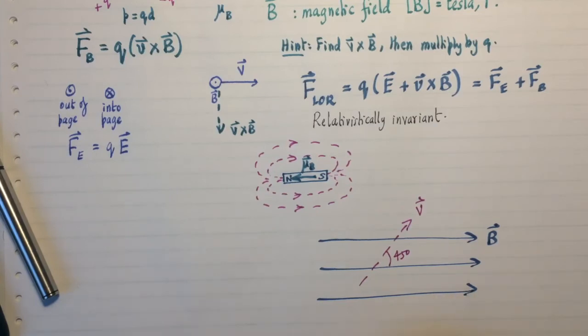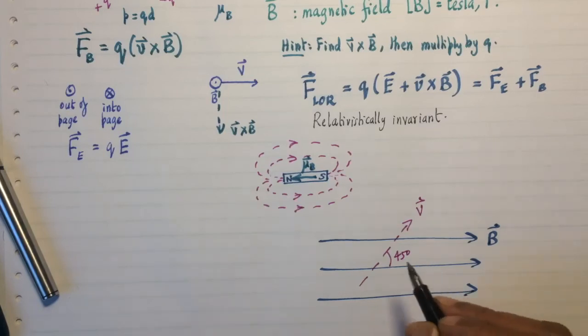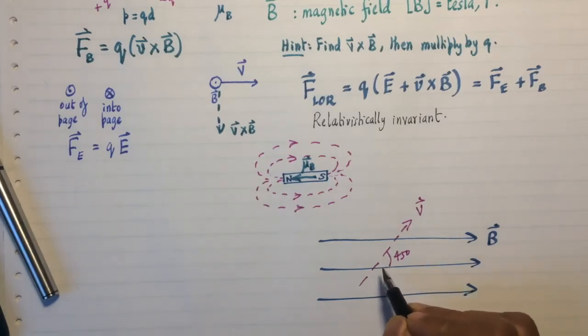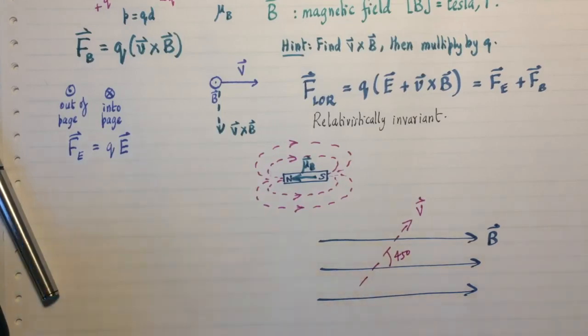So I want to find the charge to mass ratio of that particle if it's given to me that it does not leave this sheet of paper. Now you may wonder, how is that possible?